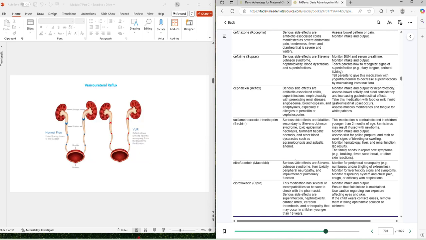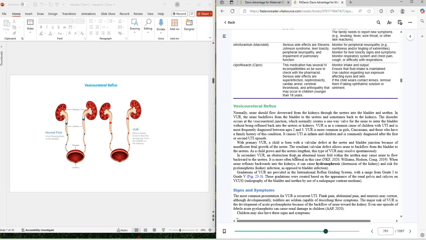All right, VUR, vesicoureteral reflux. This is where the urine flows backwards instead of down, it goes up, okay? The urine flows the wrong way. Normal flow is here. This is a normal flow, so it goes from the kidneys down the ureters to the bladder and the urethra.